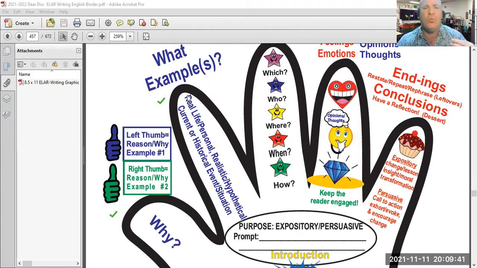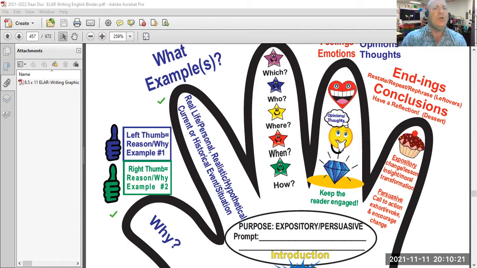Who would be a person, why would be a reason you chose an idea, when would be some sort of time idea, where would be a place idea, and what would be just a thing idea. So to make sure your kids can get a 1-2, make sure that they have reasons and or examples.